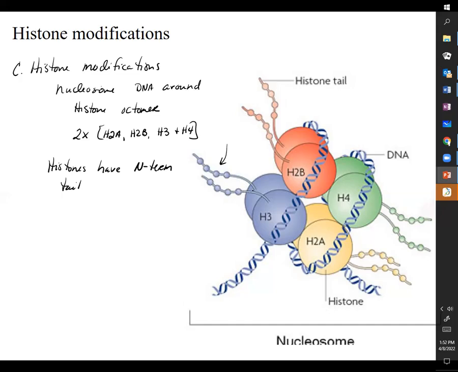These tails are unordered, as opposed to this globular structure, which is folded into its three-dimensional form, which is fairly stable. These tails are flexible, moving. They don't have secondary structure. They don't have tertiary structure. Think of a tail wagging around, right? So histones have these N-terminal tails that are unordered, and they're rich in lysines.